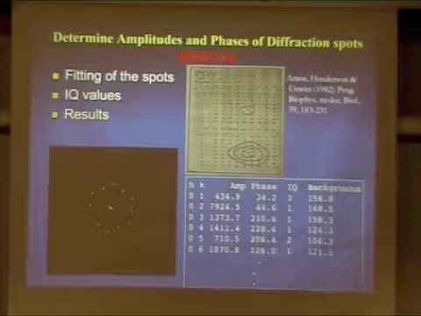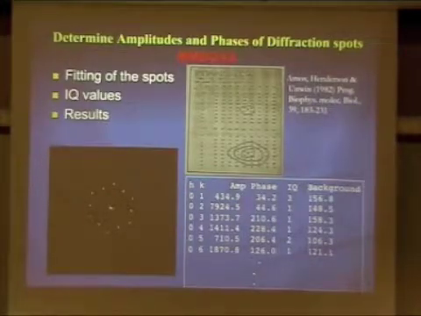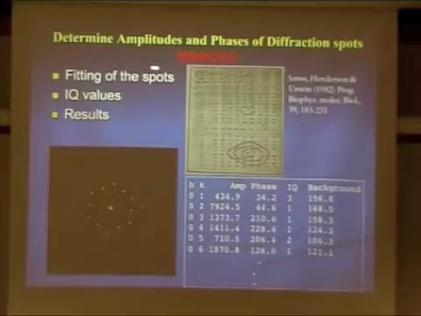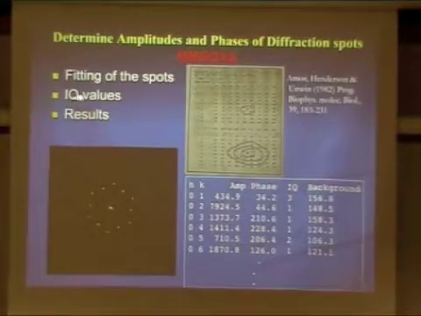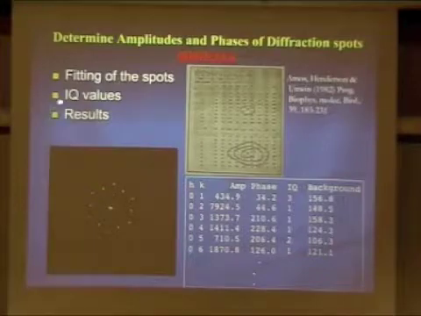The program they use to extract amplitude and phases from the Fourier transform is called MMBox, and the version now is called A. This program basically does a fitting of each of the spots according to your lattice parameters. It determines the amplitude and phases and something called IQ values.